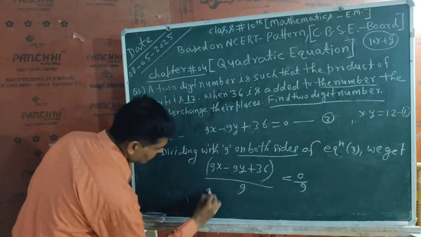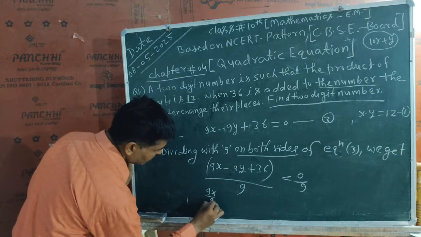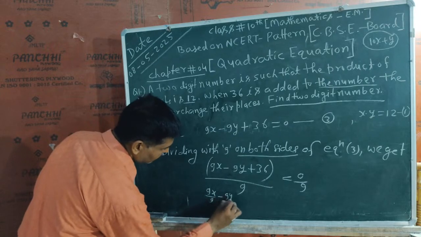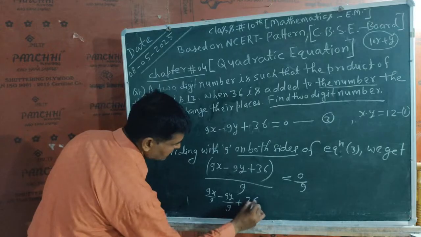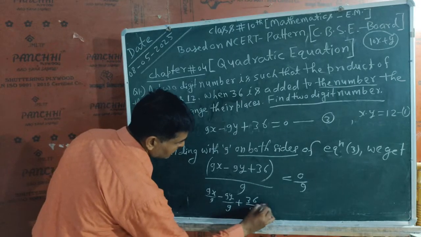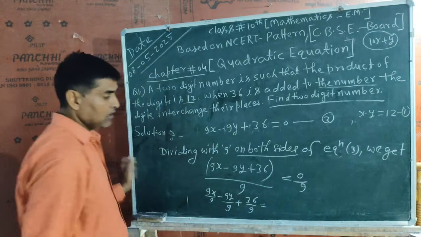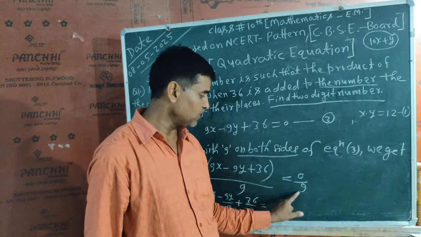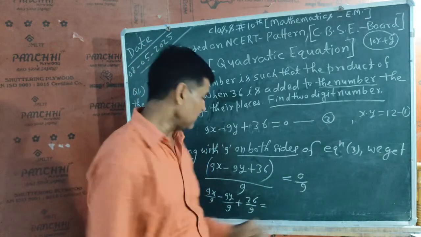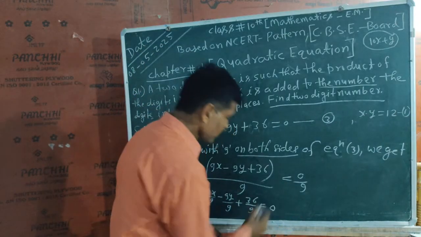So I can write 9x divided by 9 minus 9y divided by 9 plus 36 divided by 9 is equal to, if it is 0, with any number I will divide, that will become 0. So here I will put 0.